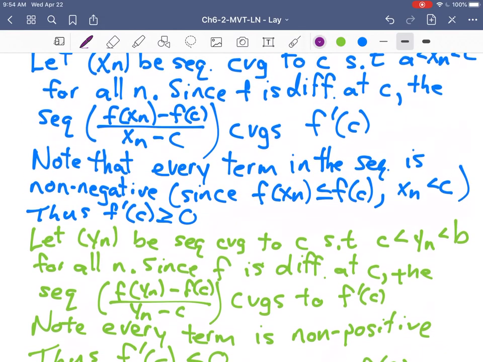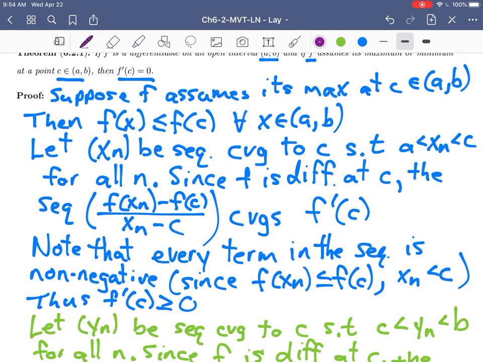So that addressed what happens if f assumes a maximum at c.